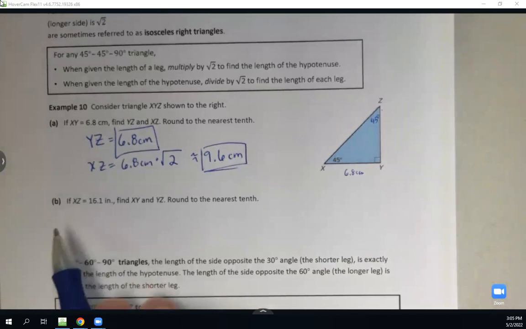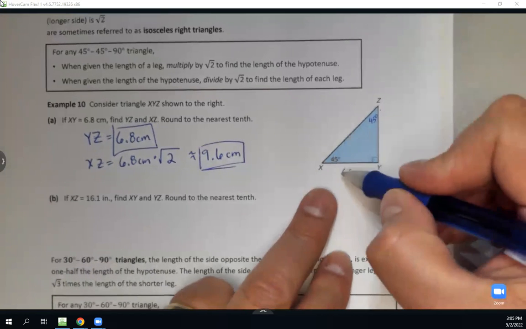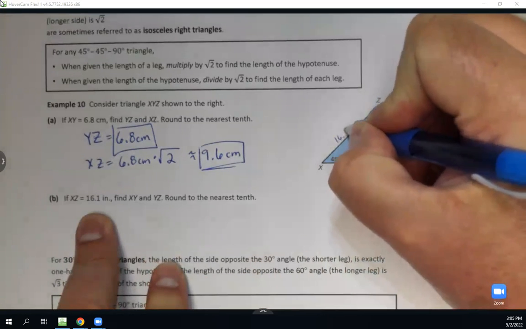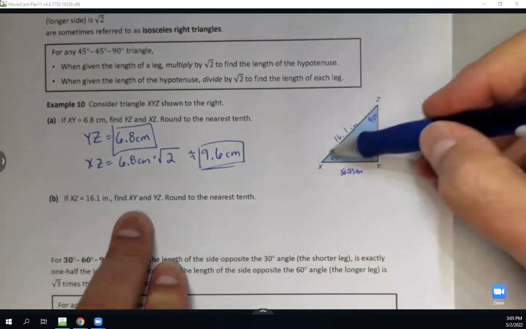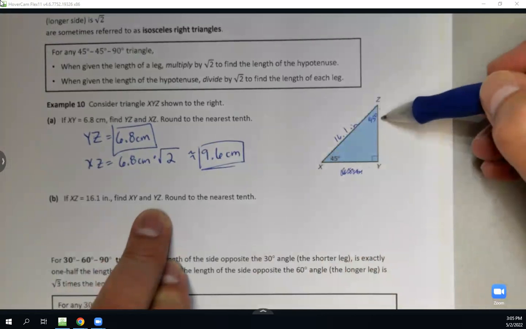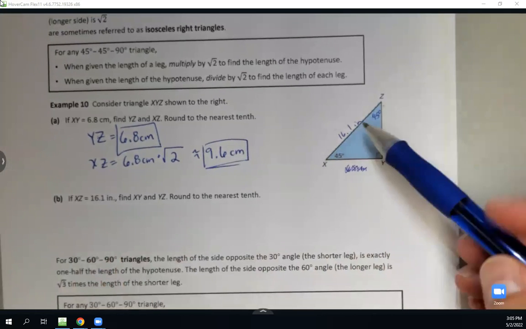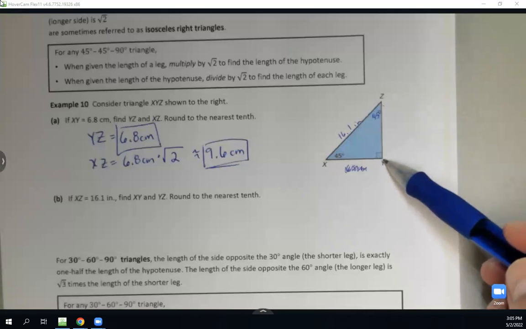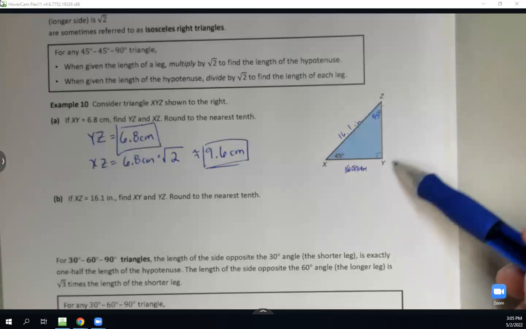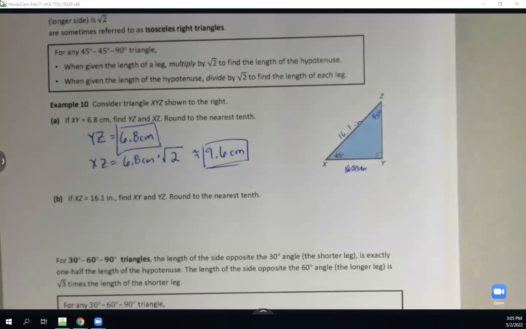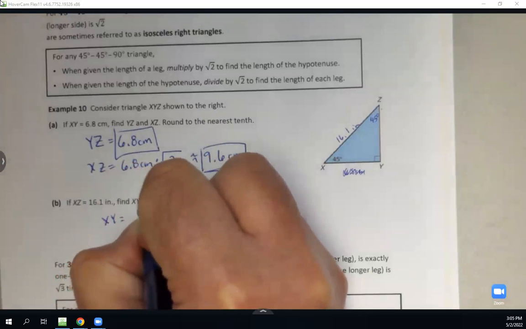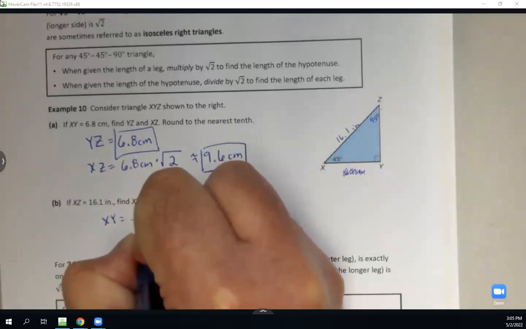If XZ, so that's this, now this isn't 6.8 anymore, new problem. If XZ is 16.1 inches, find XY and YZ. Well, that's the hypotenuse. So if I divide the hypotenuse by the square root of 2 in this 45, 45, 90 degree triangle, that's going to give me XY and YZ both. So XY is going to equal 16.1 inches divided by the square root of 2.